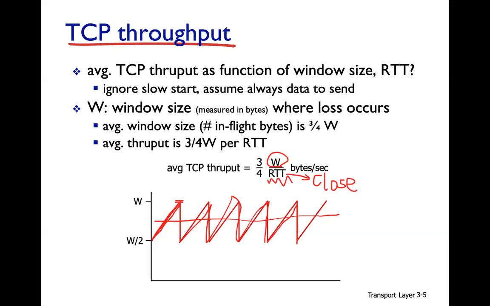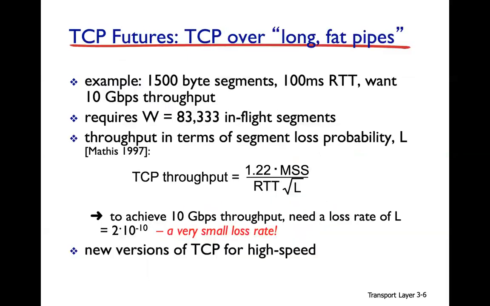Another way to increase my data throughput is to increase my window size. I want to make the window size bigger, then my throughput will be larger. But this is estimated under the scenario where the network is not a high-speed network.